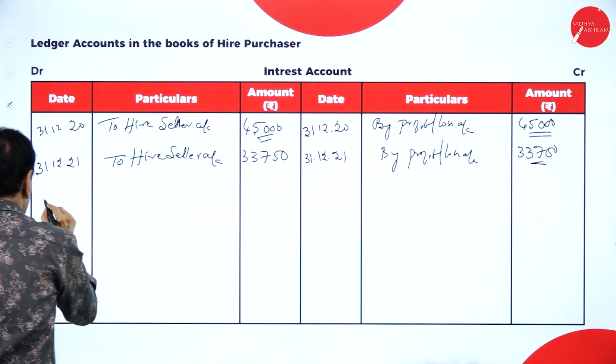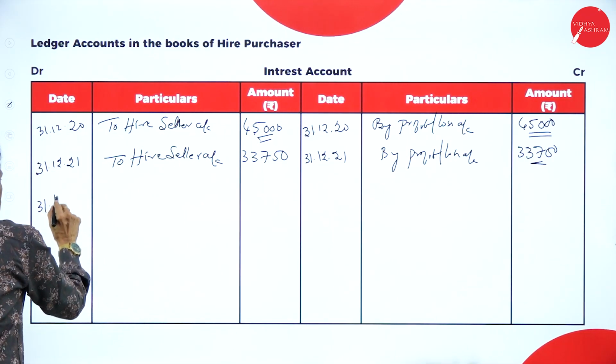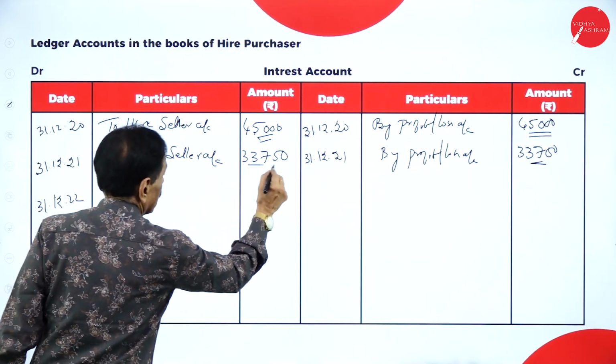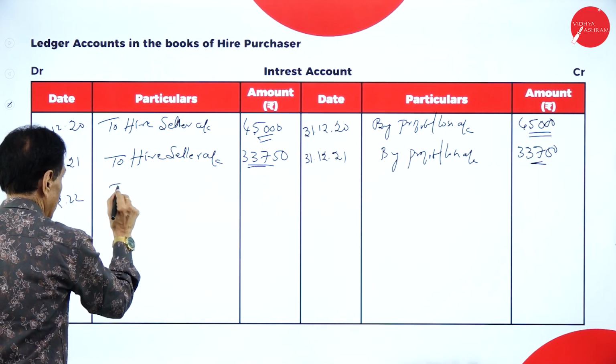Third year, 31st December 22, to hire seller.